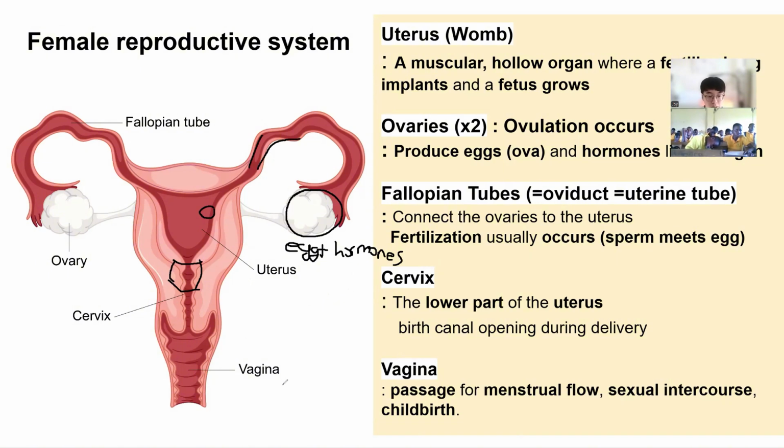And finally, there is the vagina, or the passage for menstrual flow and childbirth. It's called the birth canal. So yeah, that is the structure and the function of each part of the female reproductive system.